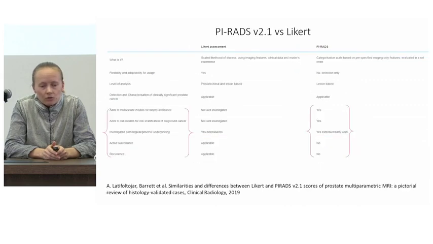And not everything is bad with old school PI-RADS. It's better investigated in all kinds of problems because it's more suitable for clinical studies. But again, PI-RADS is not applicable to active surveillance or disease recurrence.